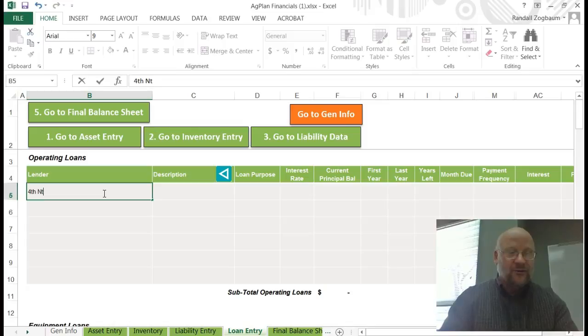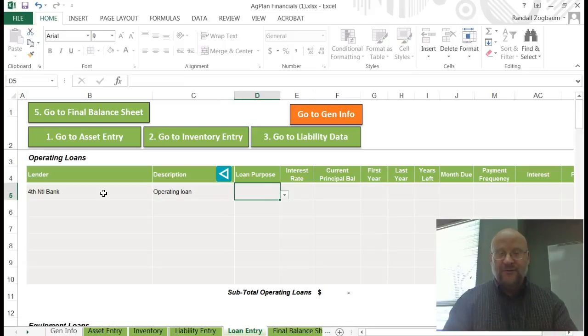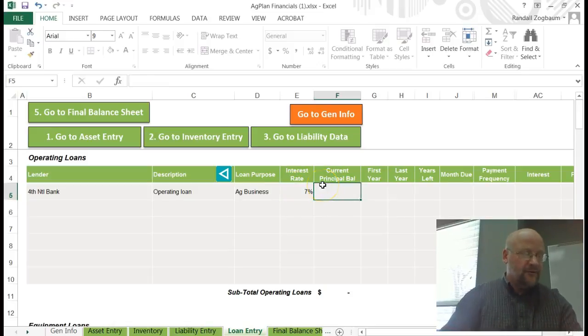So, our Fourth National Bank. That makes more sense. Description here, operating as well. Purposes and operations. Business. Interest rate, 7%. Current balance, 123,855.